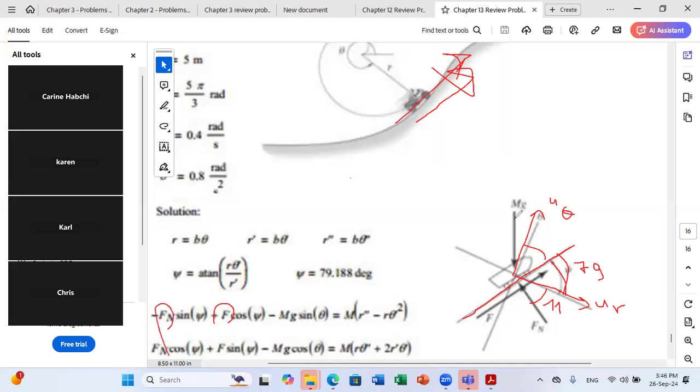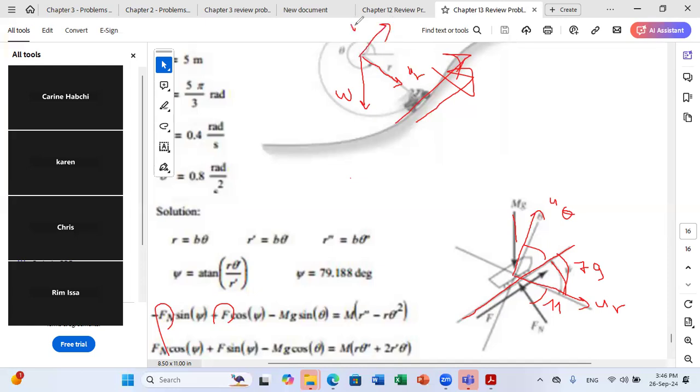What about the weight? If you look at your figure, the weight is along this direction, and this is your UR, and this is your U theta.